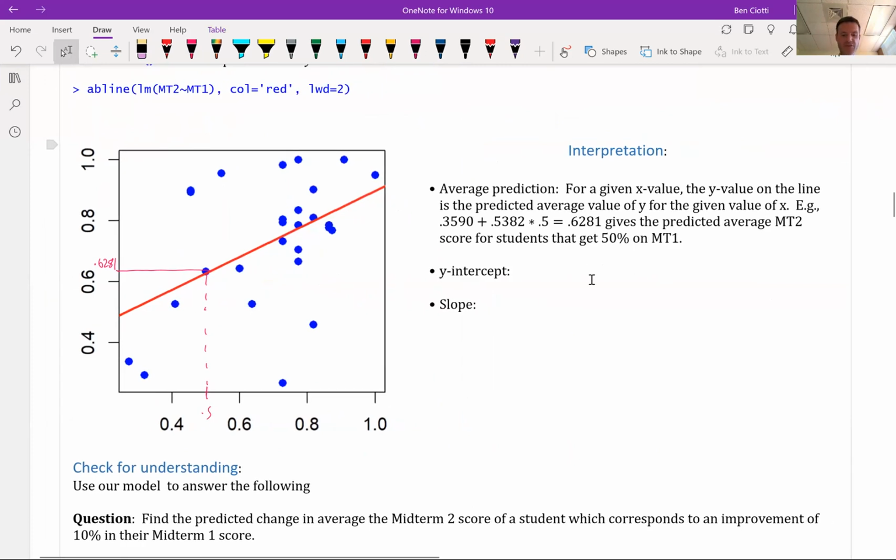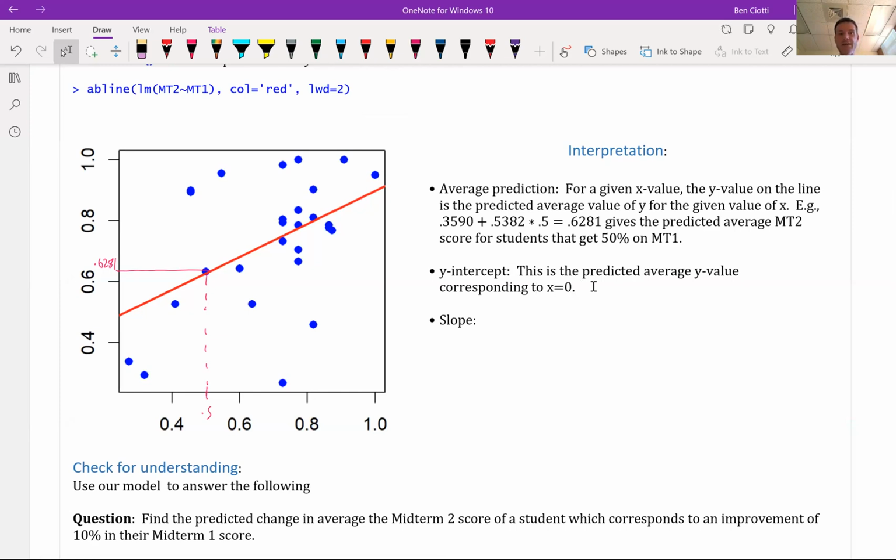How about at the intercept? Well, this is a prediction for a specific x value, namely x equals 0. So this is the predicted y value, or perhaps I should say predicted average y value, corresponding to x equals 0.